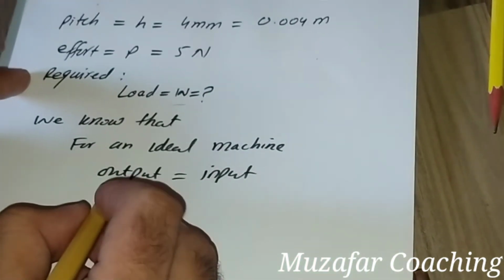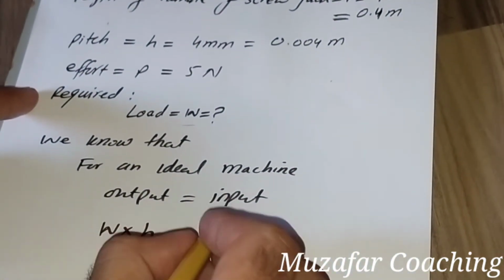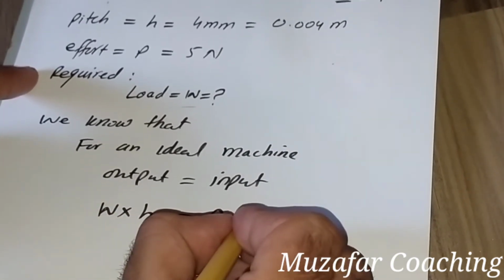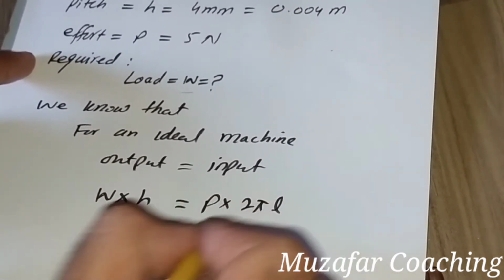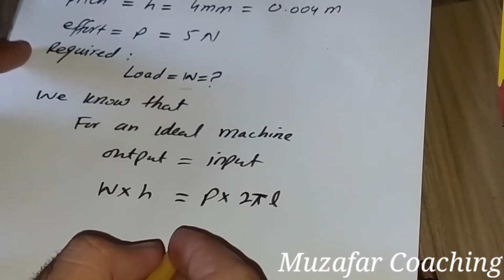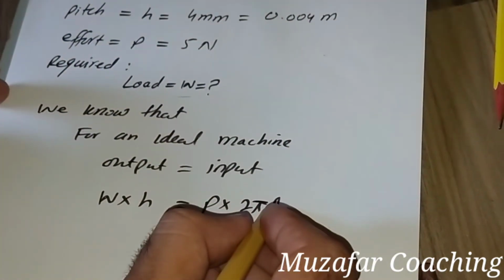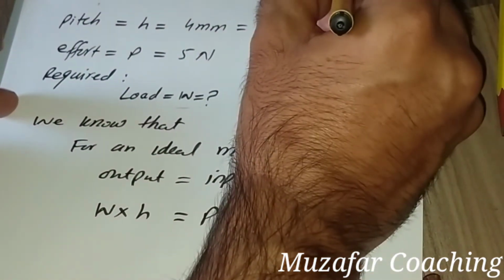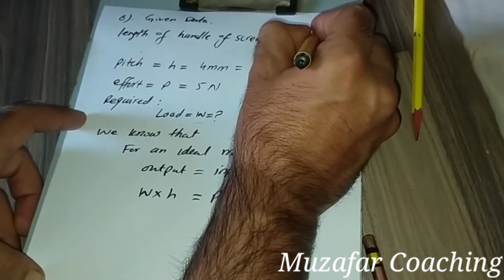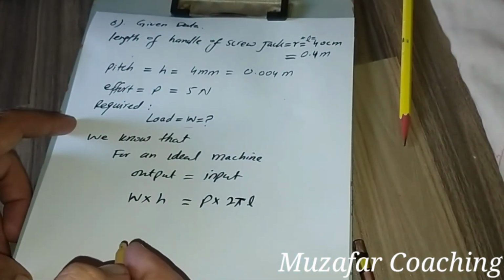Over here, output is again the same one, and the input formula is 2 pi L, or 2 pi R you can also say. This can be written as L or this can be written as R. It's up to you.